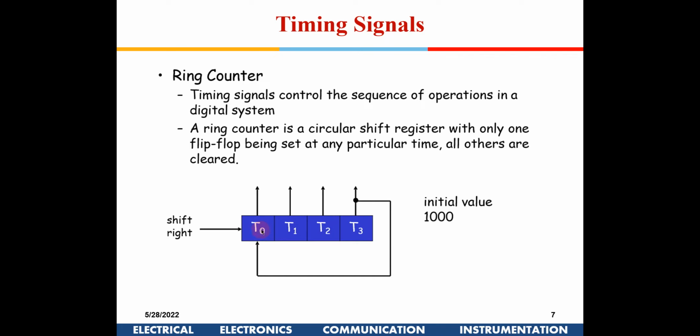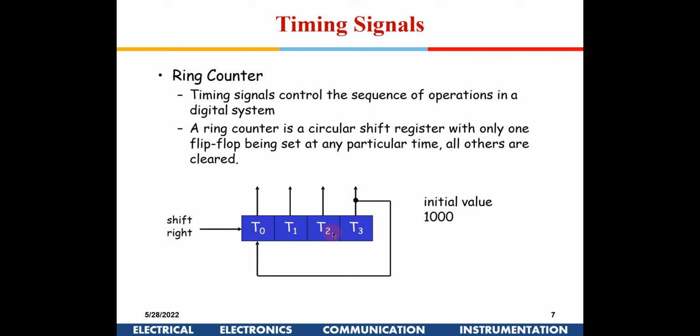With every clock pulse, the output from the last is brought back as an input. This T0 doesn't mean it's a toggle flip-flop. They are all D flip-flops, and T indicates just a timing signal, so that is why it is written T0, T1, T2, T3.